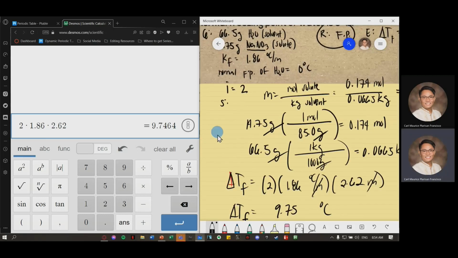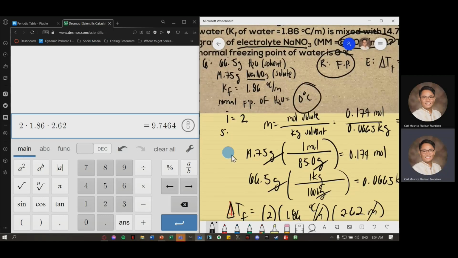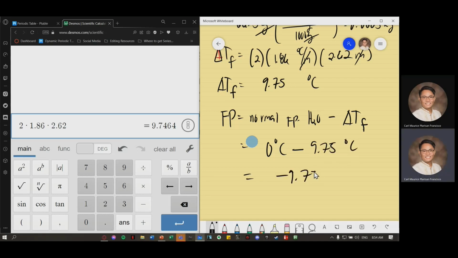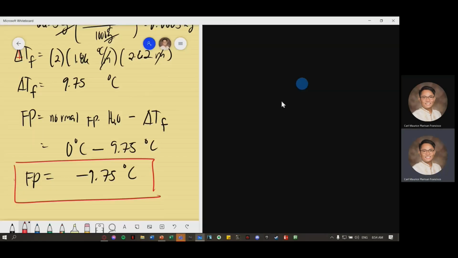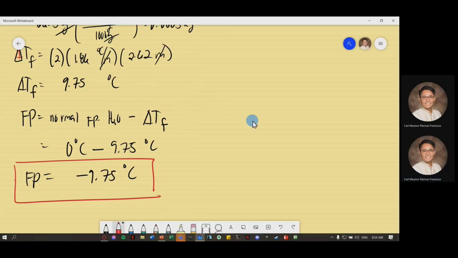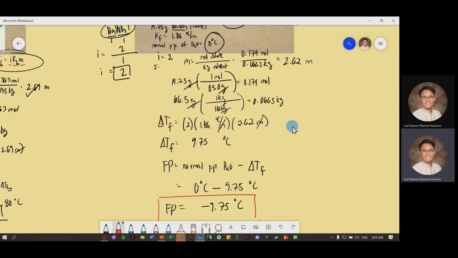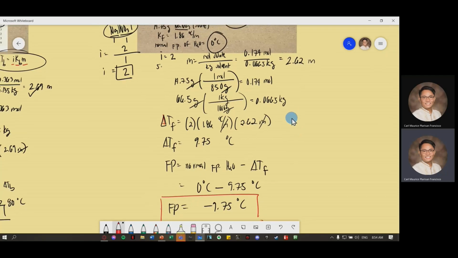So the normal freezing point of water is provided, 0 degrees Celsius. 0 degrees Celsius minus 9.75, we have negative 9.75 degrees Celsius for the freezing point. This is the final answer. Okay, so that is how we solve for the freezing point of an electrolyte solution involving the Van 't Hoff factor.